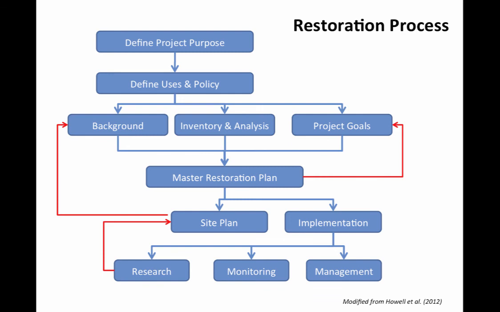Say you're working with a national forest or a specific region, you're going to be working with a lot of different partners. And there's going to be a lot of conflicts often around what you identify as part of your goals, how you develop that plan, how you implement that plan, and then how you go about adjusting that plan and then continue managing those sites once you've achieved these restoration goals.